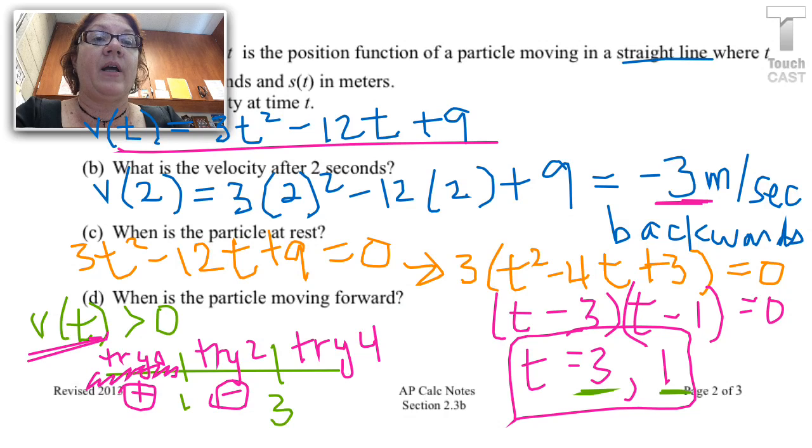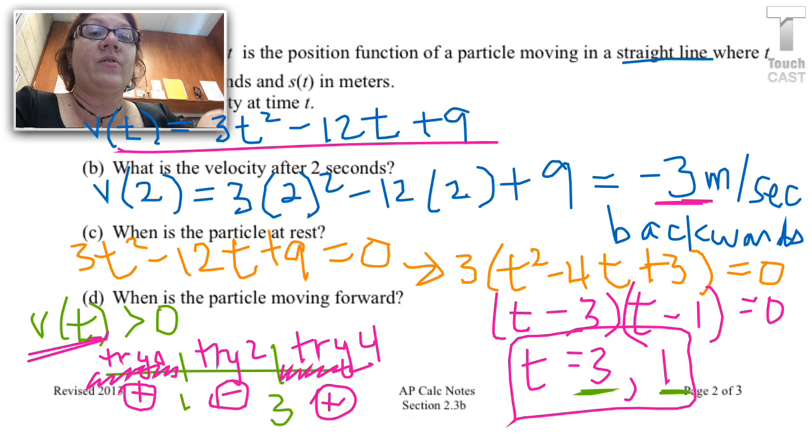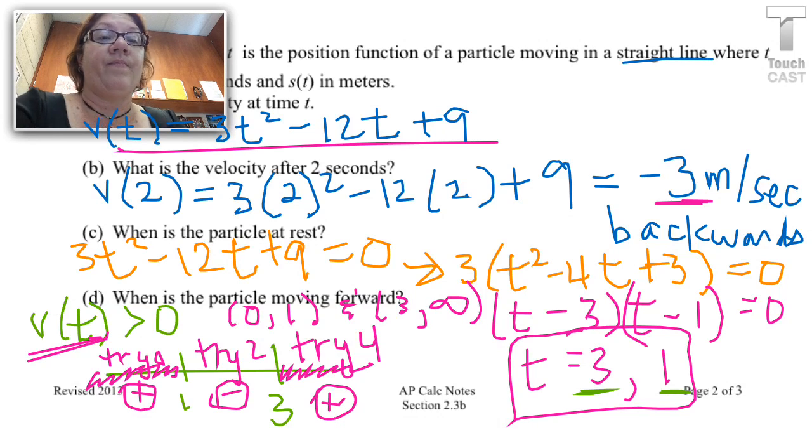I'll have another positive 9. So I definitely want to keep all of that. So it's moving forward now. Of course, remember, t is time, so t has to be greater than 0. So it's moving forward from 0 to 1, and from 3 until I don't know what happens at this point. So I'm just going to put to infinity.